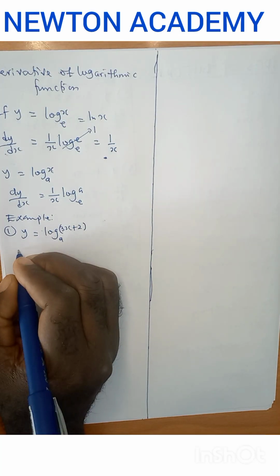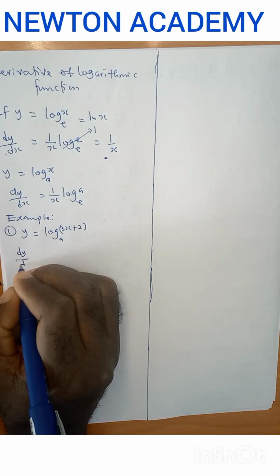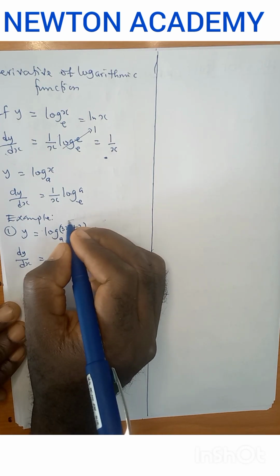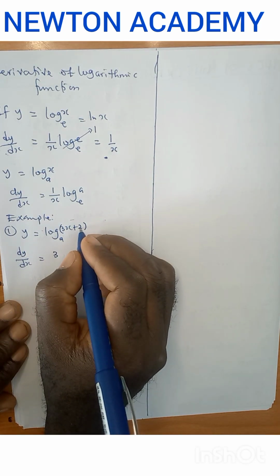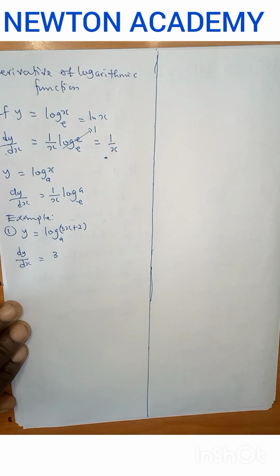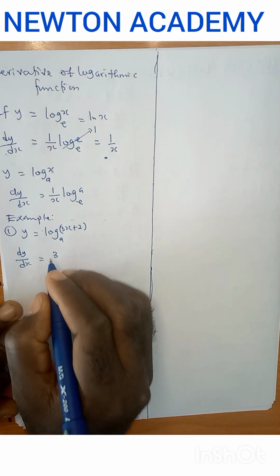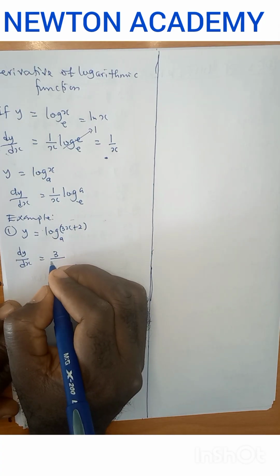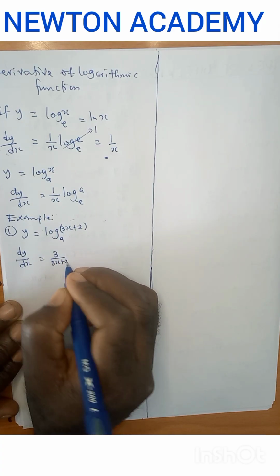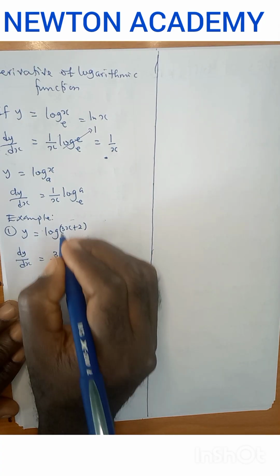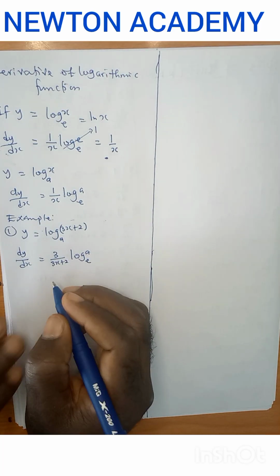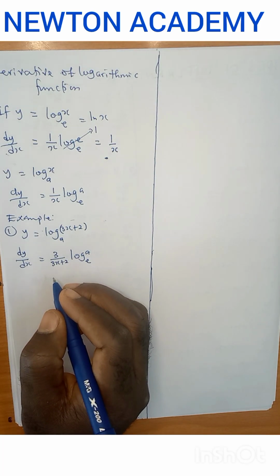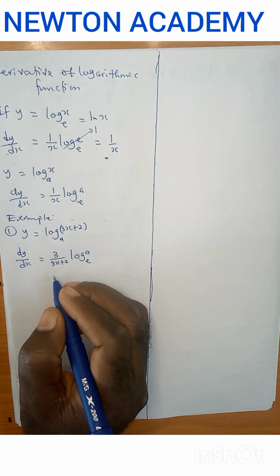To differentiate this one, dy/dx is equal to, when you differentiate 3x, it will give us 3. When you differentiate 2, it will be 0, you throw it away. Meaning that the differentiation of 3x plus 2 is 3 over the function itself, which is 3x plus 2. Then log, this one will go up, then base e. This will be the differentiation of that function.